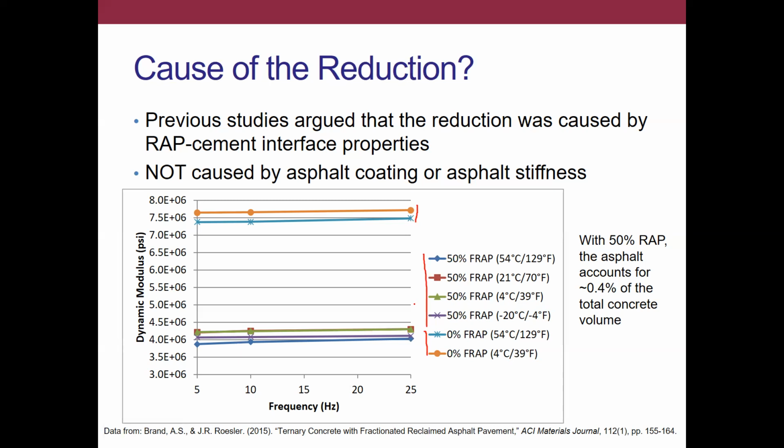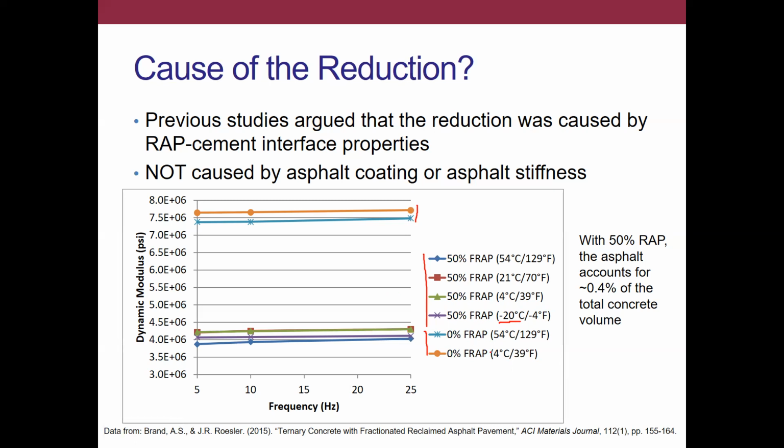And we tested the dynamic modulus of the concrete as a function of temperature, right? So as we go to lower temperatures, as we get down to maybe around minus 20 degrees Celsius, the modulus of the asphalt will start to approach the modulus of the cement matrix.